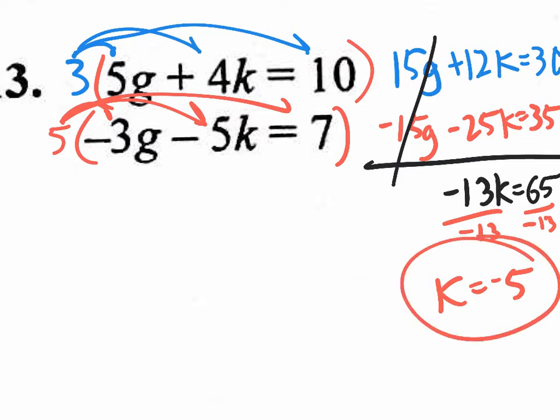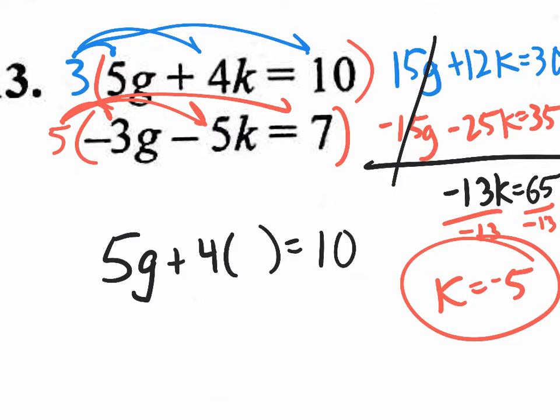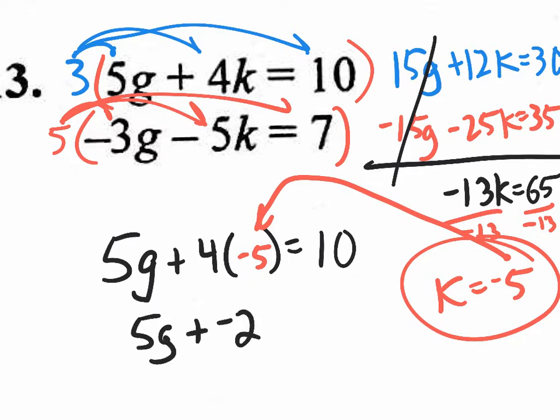So that's one answer. To find the other answer, you simply plug it into any equation. I want to go with the top equation. The top equation reads 5g plus 4k equals 10. Notice that I put parentheses instead of k because I want to take the k value of negative 5 and put it right in there. So I have 5g plus negative 20, or just minus 20, equals 10.